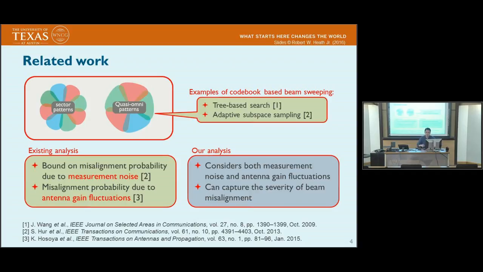In our analysis, we include both effects, and we also introduce what I call the power loss. That means we try to capture the misalignment severity. If we choose a suboptimal beam that is 1 dB different from the optimal one, or 10 dB different, it makes a huge difference. But the work in 2, which they call misalignment, does not differentiate between these two cases.